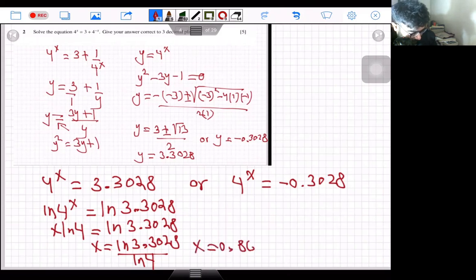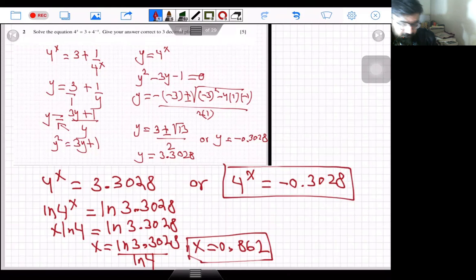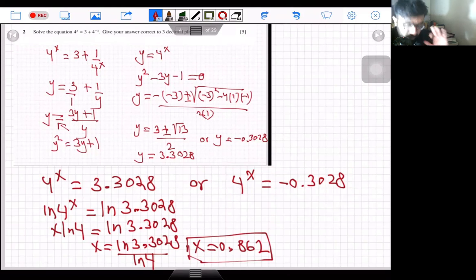And as far as 4 raised to the power x is equal to minus 0.3028 is concerned, you will have no solution to this equation because this is a negative term. So in the ln function, this term a is supposed to be positive in order for ln a to be defined. I mean, this cannot be defined over here.